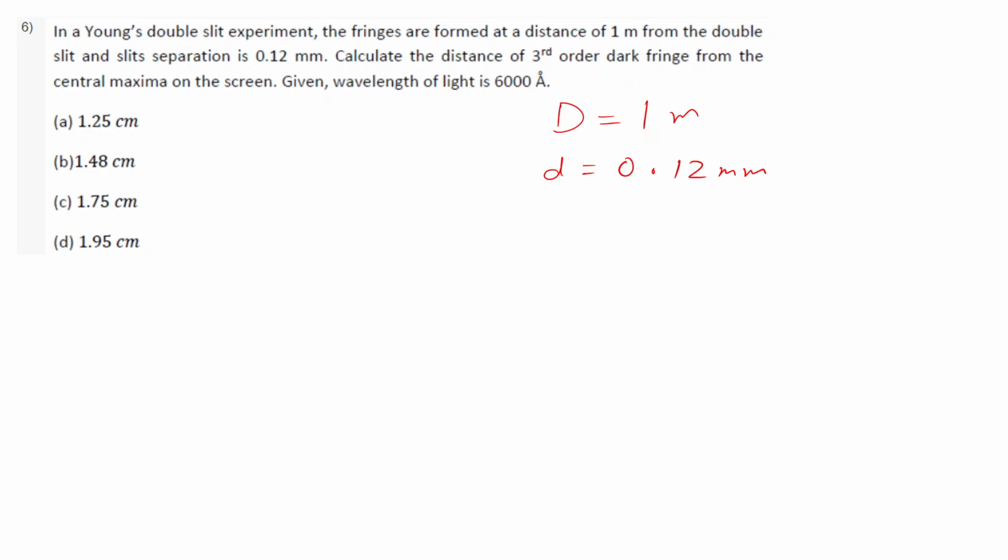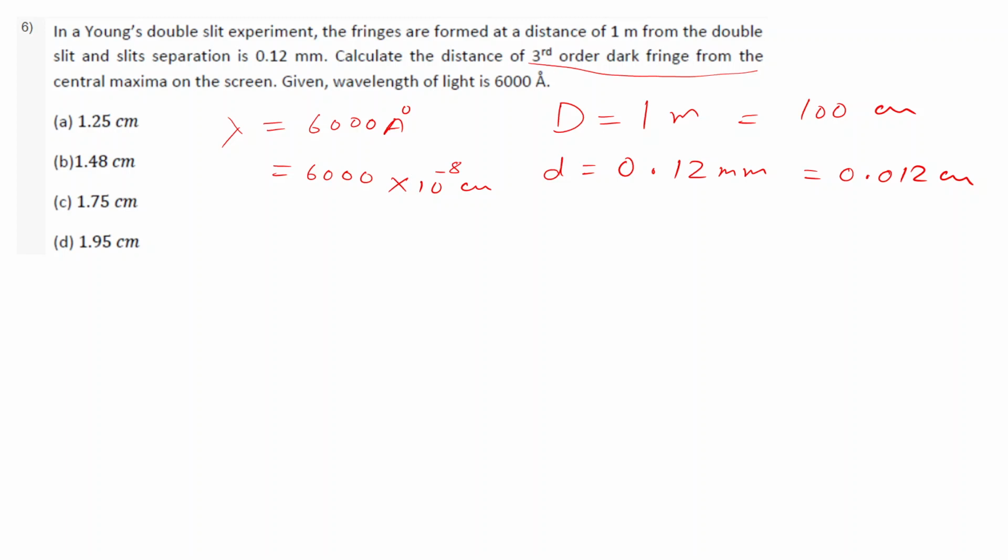Calculate the distance of the third order dark fringe from the central maximum. Given wavelength of light is 6000 angstrom. If I write in centimeter, because our answers are in centimeter, 1 meter is 100 centimeter, 0.12 millimeter is 0.012 centimeter, and 6000 angstrom is 10 to the power minus 8 centimeter.